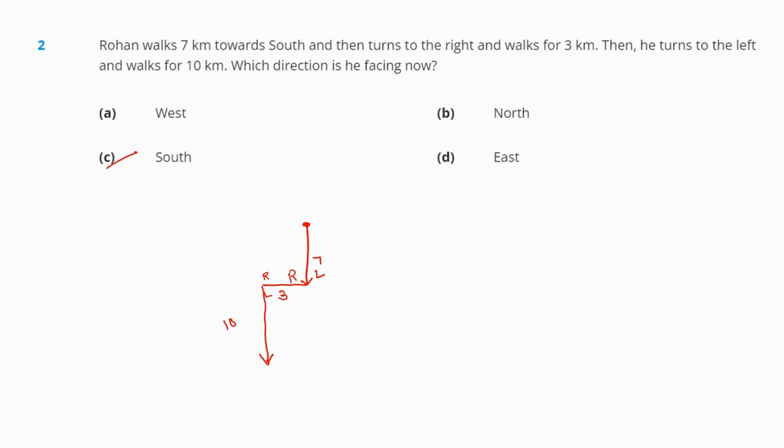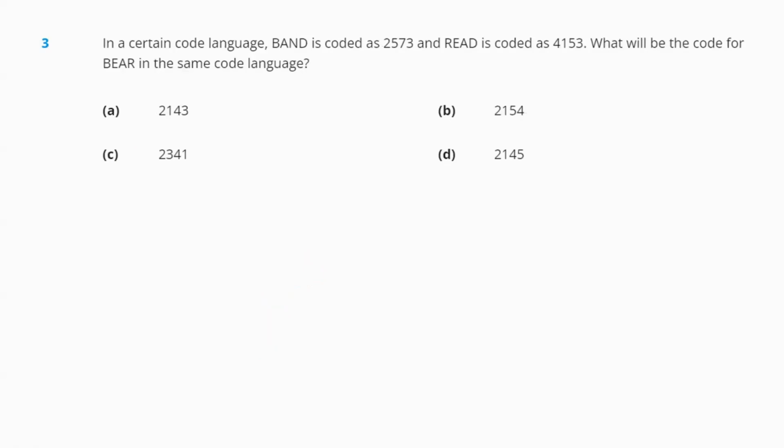Moving on to the next question. In a certain code language, BAND is coded as 2573 and READ is coded as 4153. What will be the code for BEAR in the same code language? So first we will write, BAND is coded as 2573 and READ is coded as 4153.